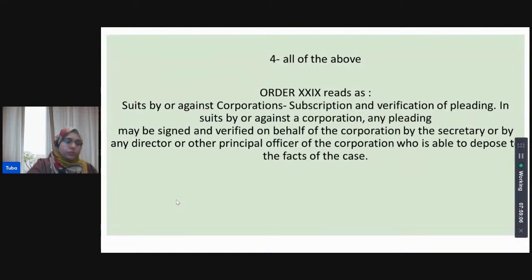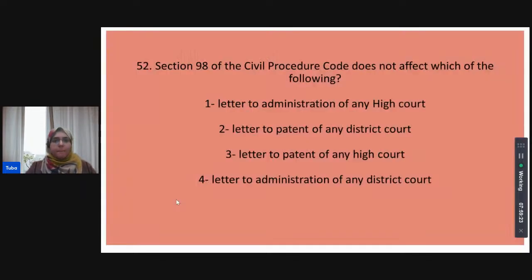That's correct. Option 4, Aditya. Shaktija, that's correct. All of the above. Order 29 states that it allows any of them to be making this action. So all of the above are correct.